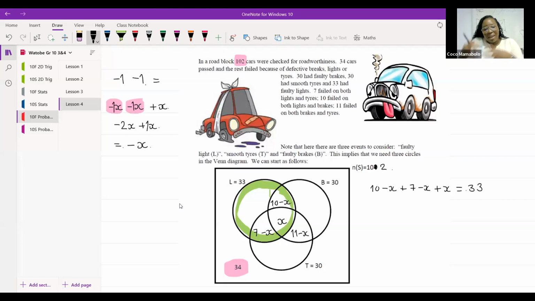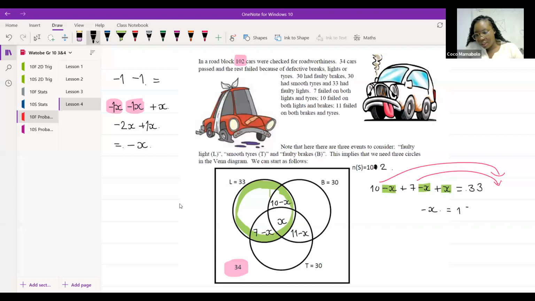Now let's do some mental maths, right? I'm going to take 16, negative x plus x. What's that going to give us? Negative x. Negative x, good. And then I'm going to have 33 minus 10 minus 16. What's that going to give me? 16.